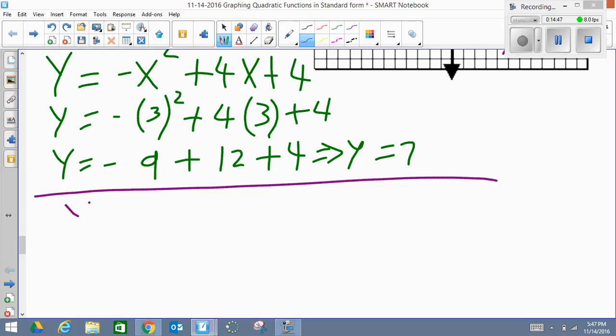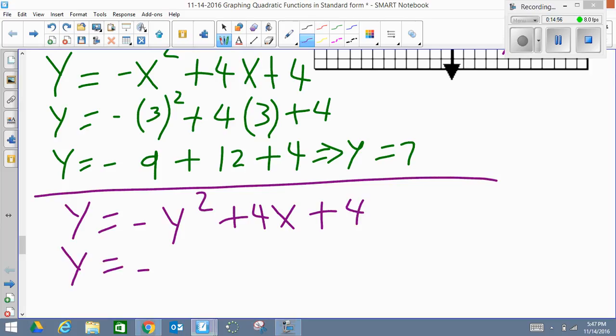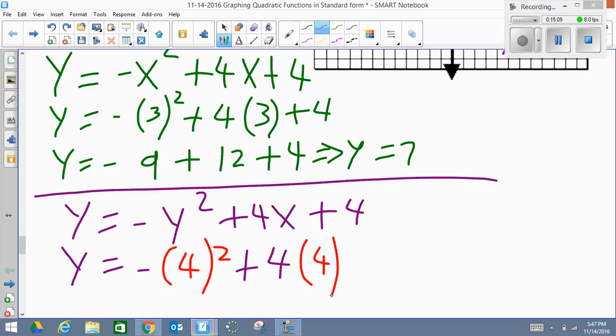Let's do it with purple. y equals negative x squared plus 4x plus 4. y equals negative, I chose 4, I think, right? I chose 4, so it's negative 4 squared plus 4 times the x value, which is 4, plus 4.